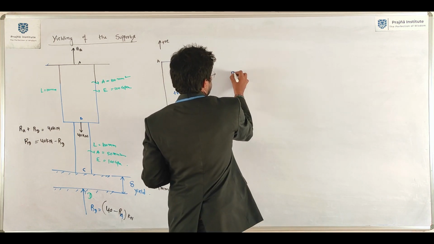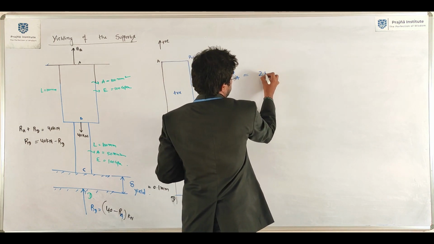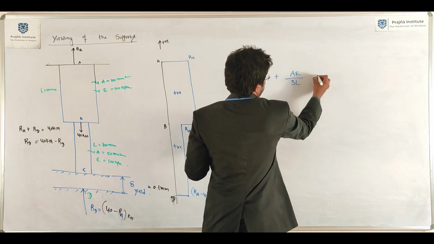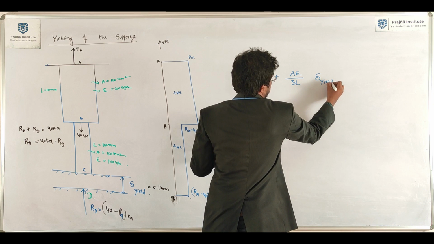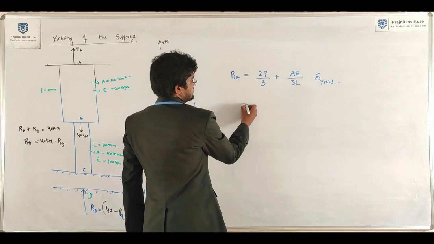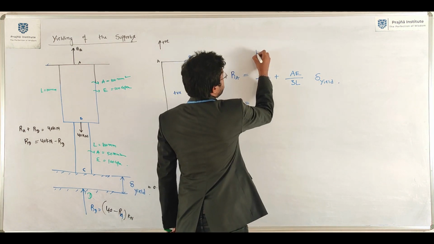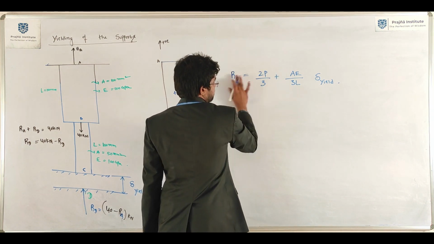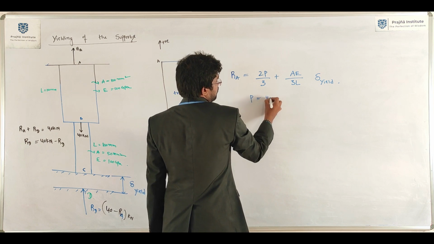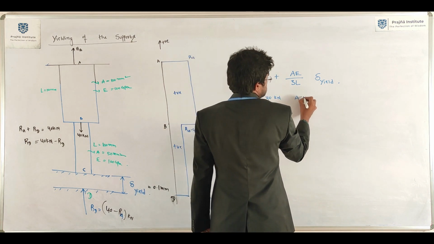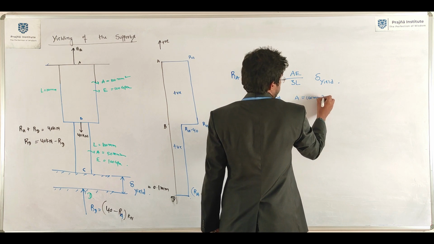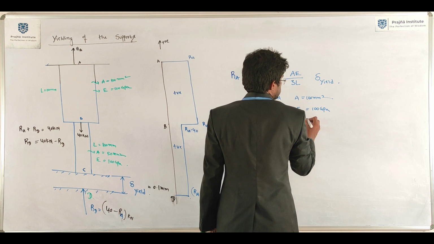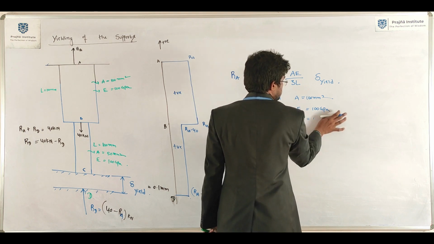Here RA equal to, just now we derived it, 2P by 3 plus AE by 3L into delta yield or delta gap. You got it? So first 2 into, here P equal to 40 kilonewton, A is equal to 100 mm square, E is equal to 100 gigapascal, L is equal to 0.1 meter or else 100 mm.